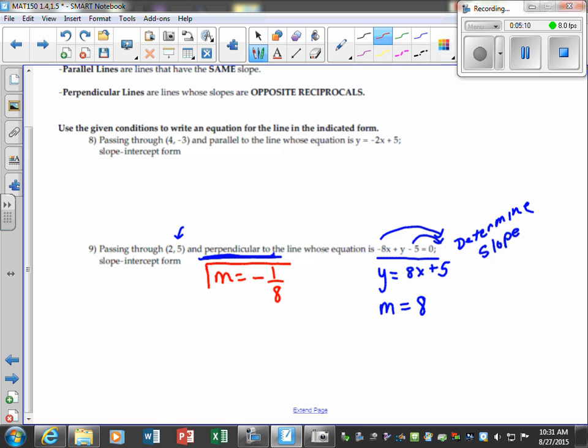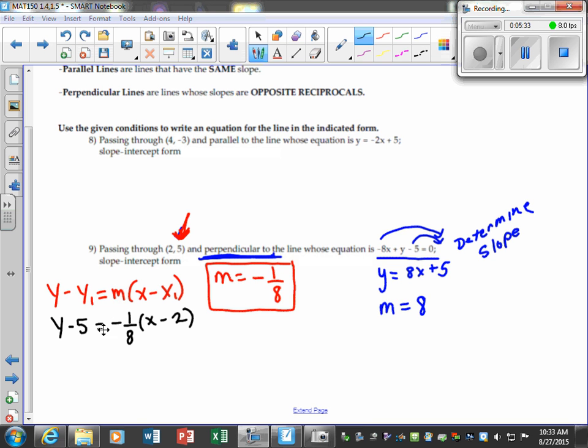So this is the slope I want to use for my equation, and this is the point. So once again, we're going to use point slope because we're given a point and we have a slope. y minus y1 equals m times x minus x1, and we want to plug those values in.